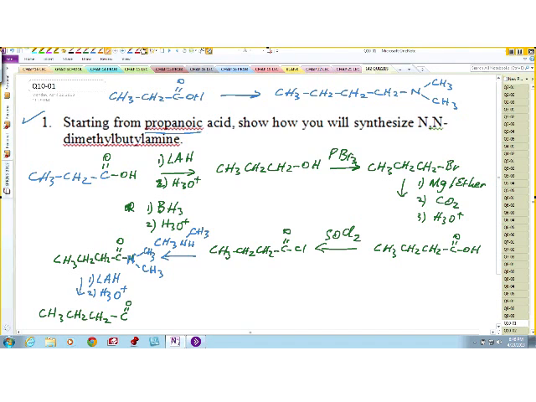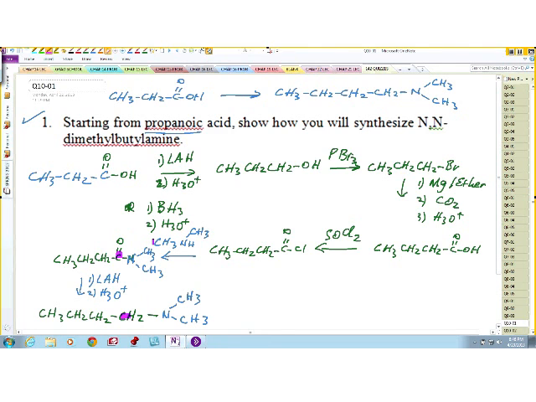Because the carbonyl will be reduced to a CH2. Now you have your nitrogen there. So we notice here, the LAH will reduce the carbonyl to a CH2, which is what we have here.